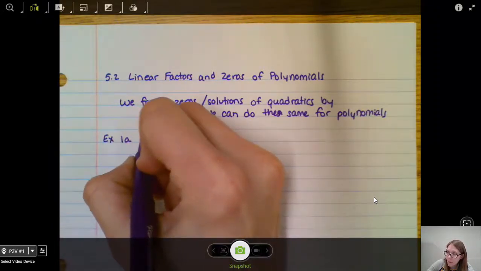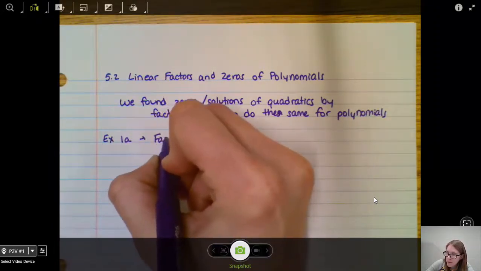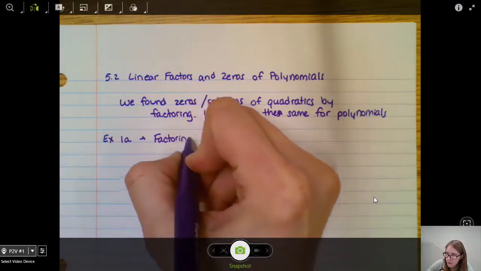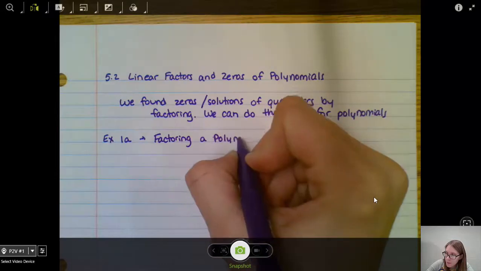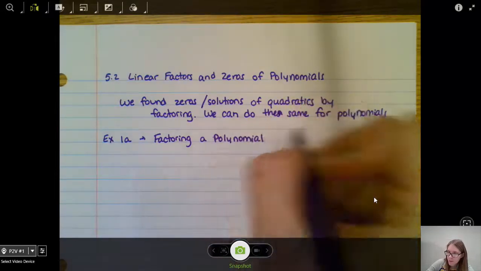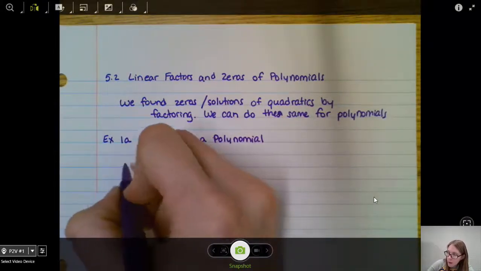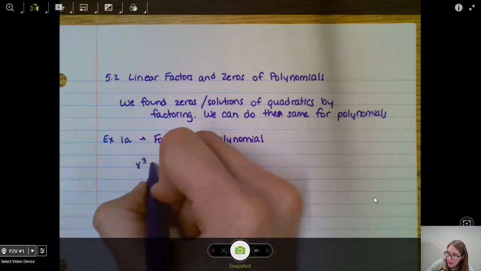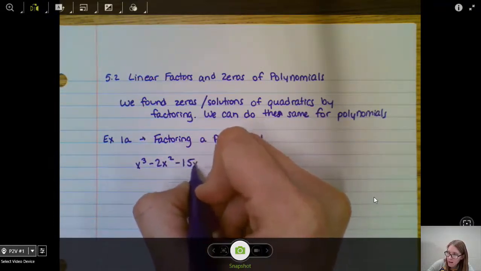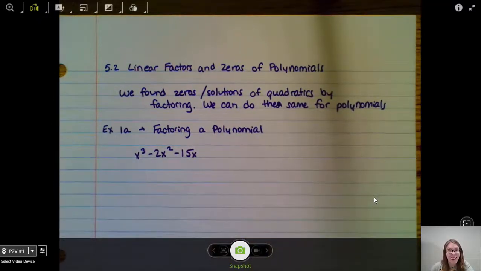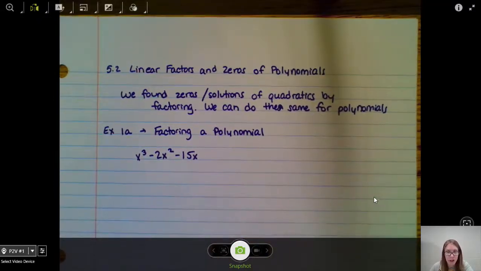Example 1a. Factoring a polynomial. If I have the polynomial x to the third minus 2x squared minus 15x, I can use some of those same factoring strategies like I said.